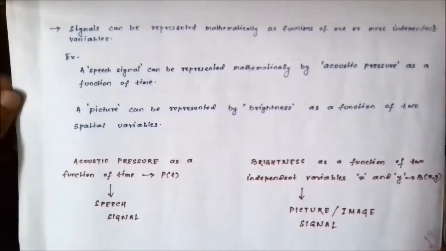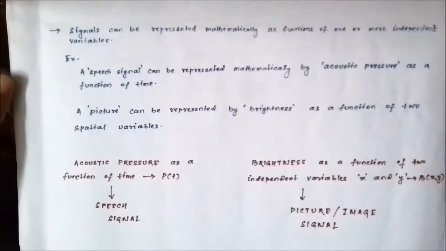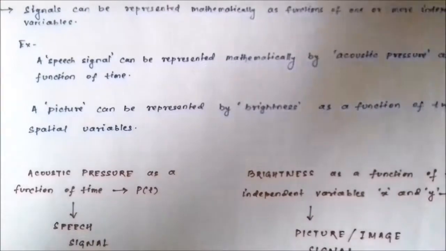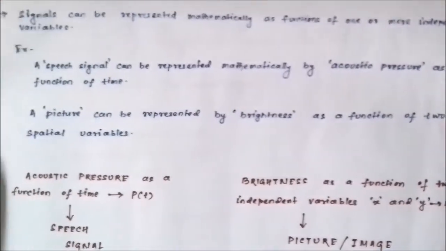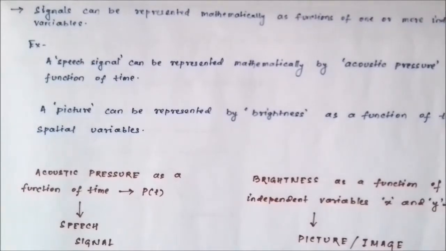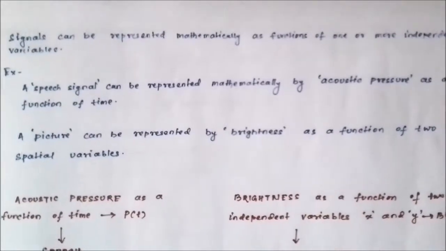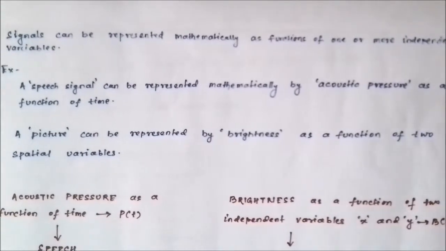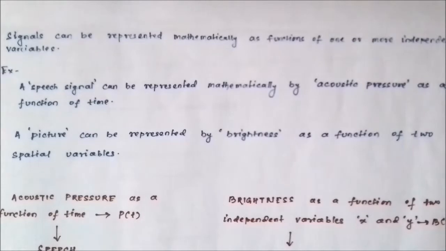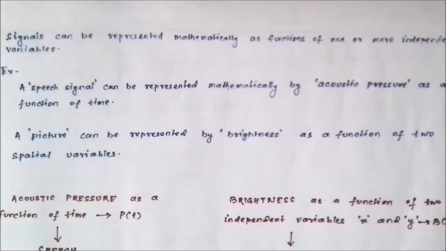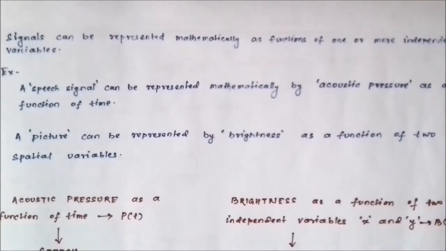For example, a speech signal or a voice signal can be represented mathematically as acoustic pressure as a function of time. So basically it is a pressure signal which can be represented as a function of time. A picture or an image can be represented by brightness as a function of two spatial variables, for example space or coordinates, or time.